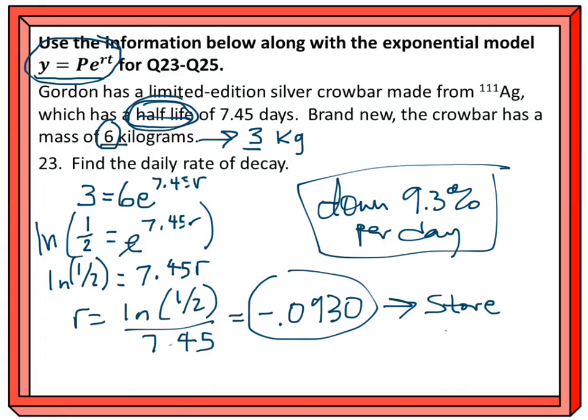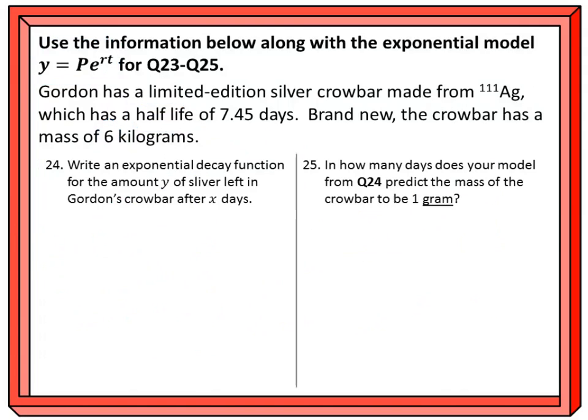Okay. So on the next couple of questions, we're going to use that daily rate of decay to write an equation and then find out how much is left after a certain number of days. Okay, so on number 24, write an exponential decay function for the amount y of silver left in Gordon's crowbar.